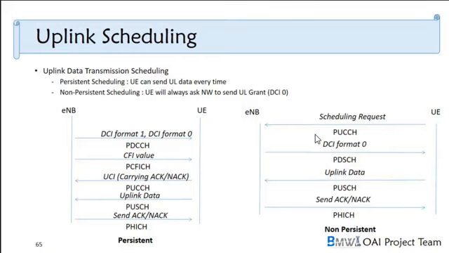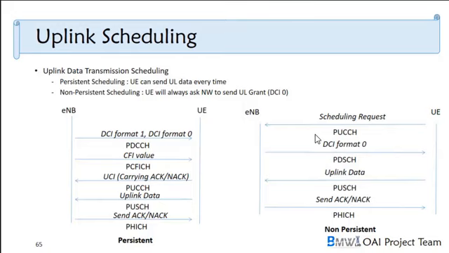First, you can see here DCI format 1 and DCI format 0. This is the persistent part, which means that the eNodeB will always send a DCI format 0 to the UE. So even though the UE didn't transmit anything to the eNodeB, the UE will know which resource allocation is available to use.